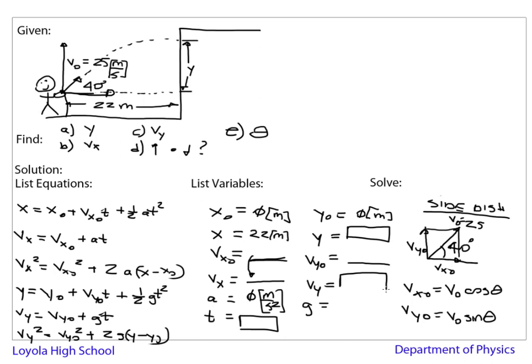In fact, I don't know if it's going to be positive, negative, or 0. I don't know if it's going to hit on an upward swing, which would imply positive, or the downward swing, which would be negative, or if it's 0, in which case it hits at the very apex. I do know this, though: negative 9.8 meters per second squared for g. So those are the variables I have for the motion.